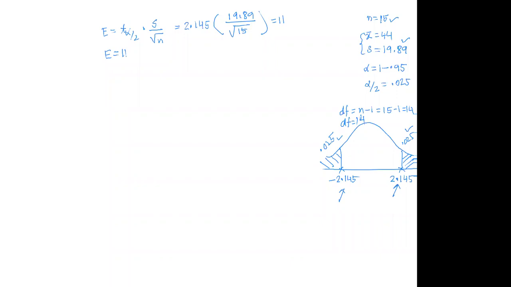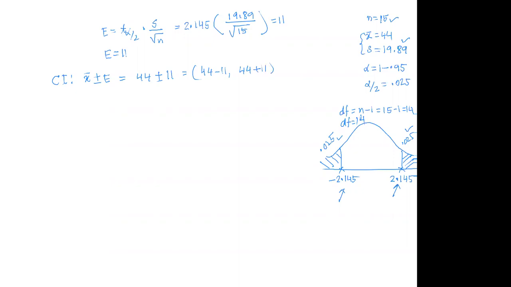So your confidence interval, CI, is going to be X bar plus or minus E. X bar is 44 plus or minus 11, which is 44 minus 11, comma, 44 plus 11.